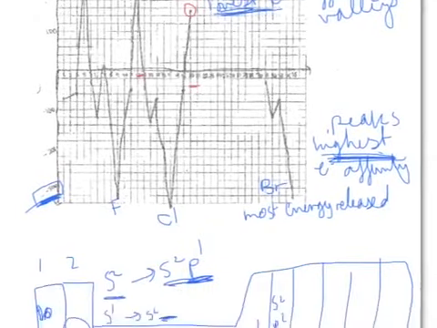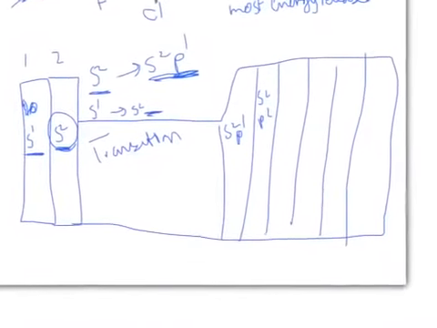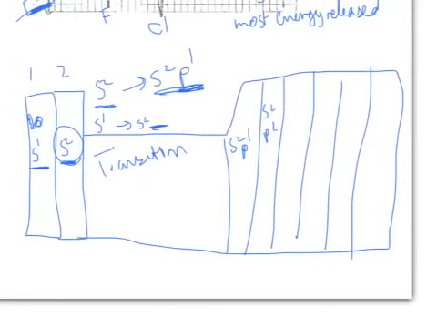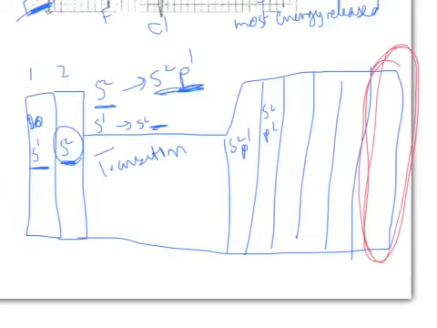And the reason why the noble gases are not included is because the noble gases right here are not very reactive. And so they don't want to gain an electron, and so they have no electron affinity. They don't like the electrons. You can't gain an electron, so we can't measure how much energy is released when they gain an electron. And so the group that's absent from here are, again, your noble gases.